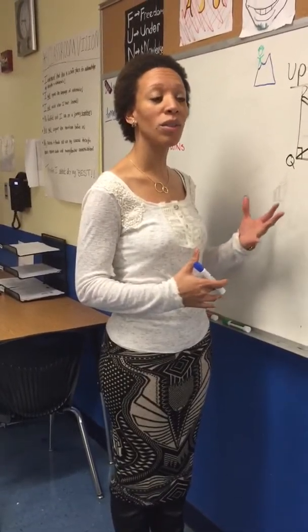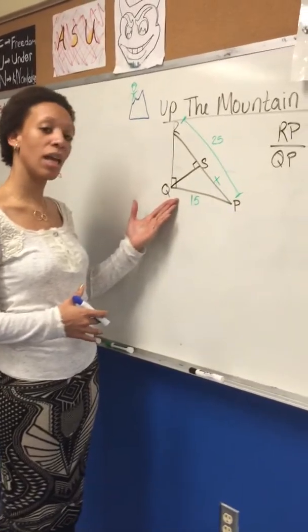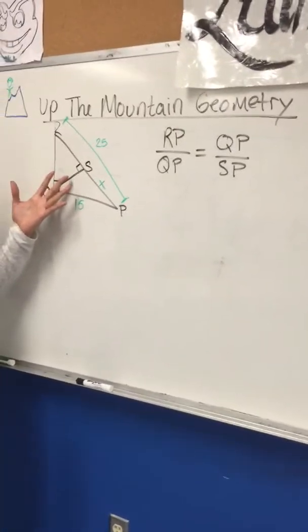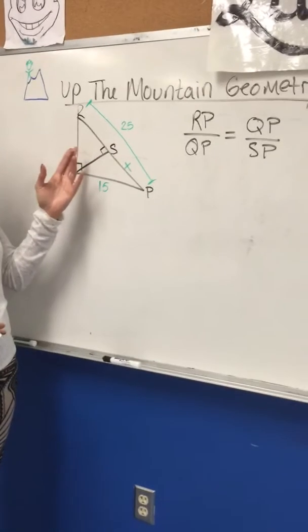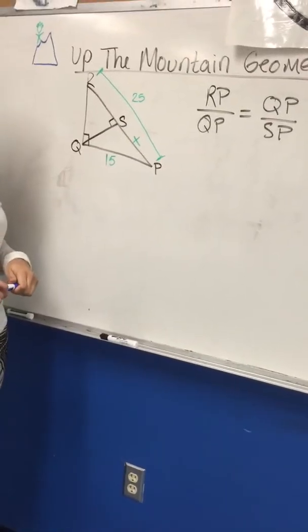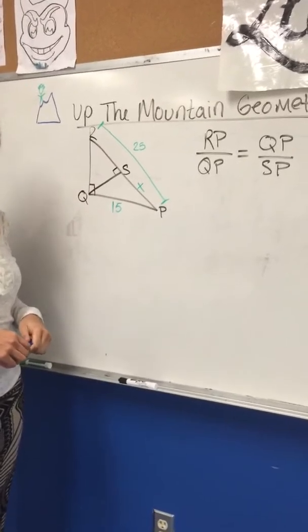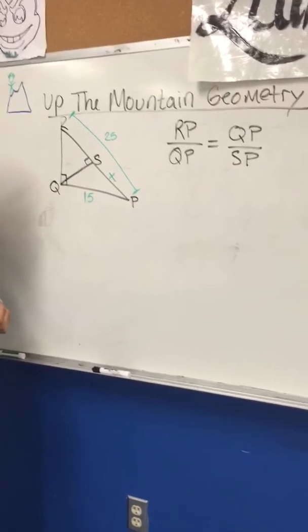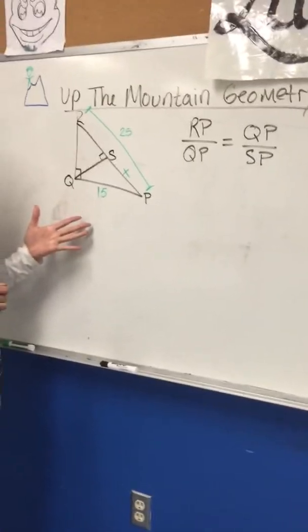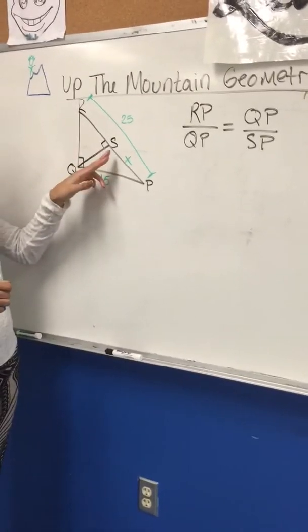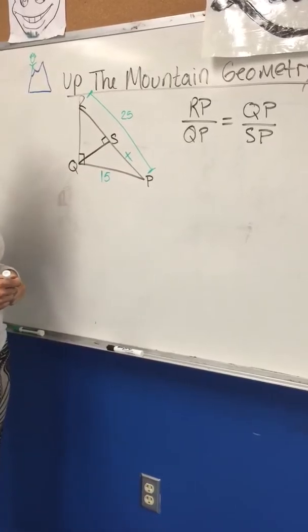Now we're going to relate it to right triangles, and in this case we have two right triangles, one inside the other. You could really see three right triangles if we needed to. These happen to be similar right triangles, and since they are, we are able to use the geometric mean to find missing parts such as SP in this example.